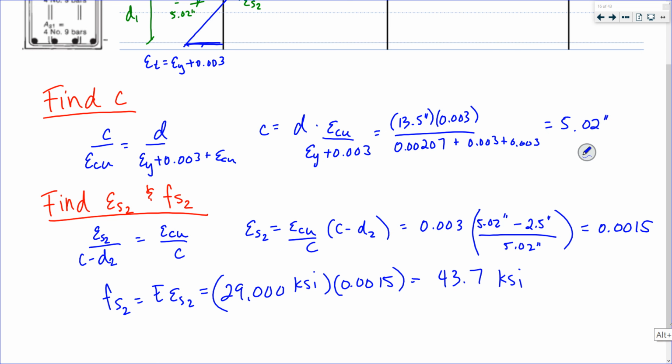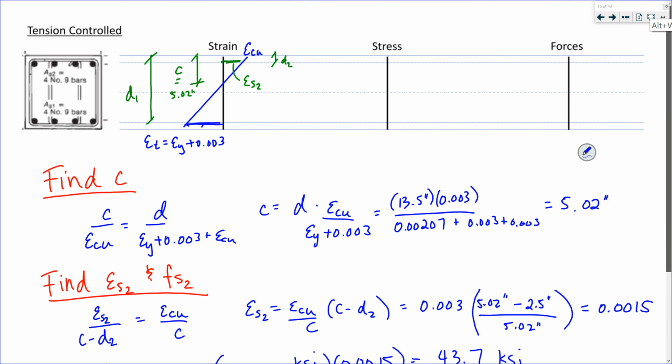So let's see, what do we have in terms of our stresses?